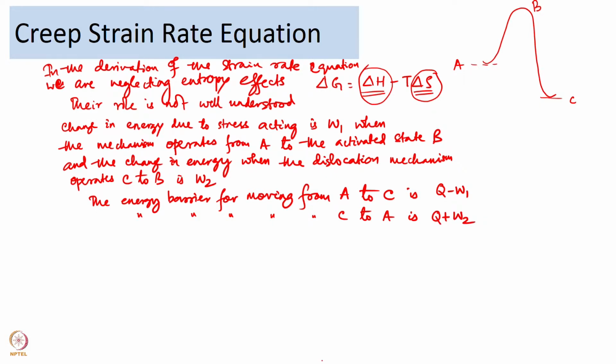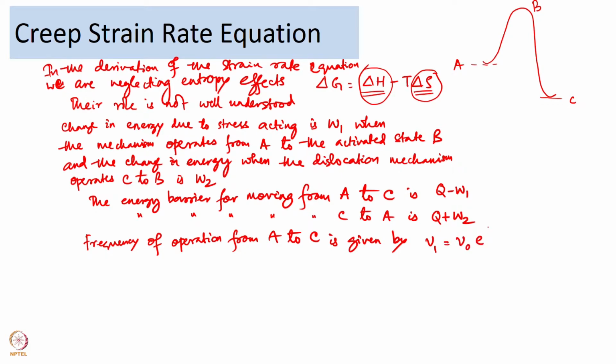Now, from reaction rate kinetics, it is known that the frequency of operation from A to C is given by nu 1 equals nu naught e to the power minus (Q minus W1) over kT, and the frequency of operation from C to A will be nu 2 equals nu naught e to the power minus (Q plus W2) over kT.